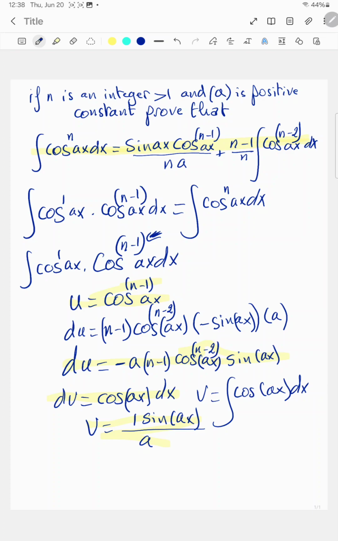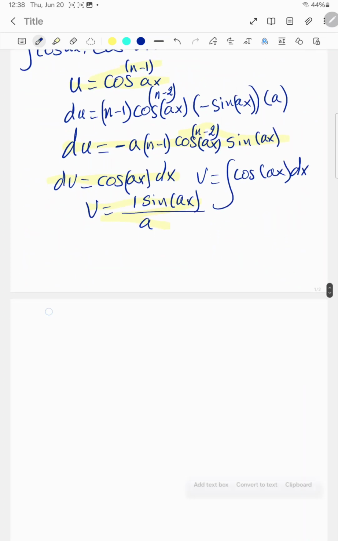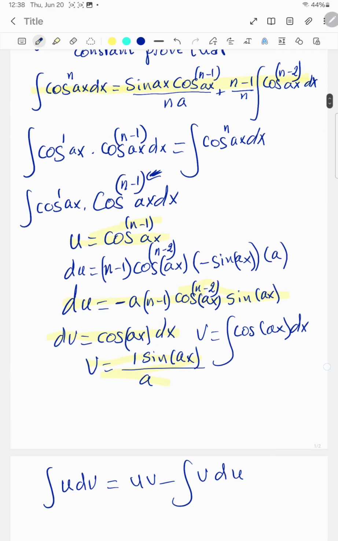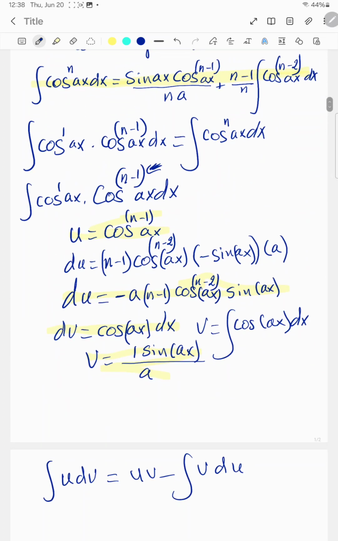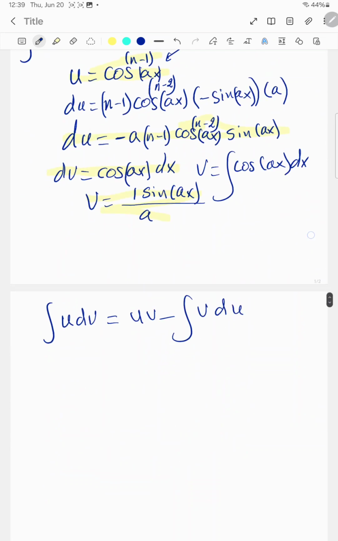So I know the formula of integration by parts: the integral of u dv is equal to uv minus the integral of v du. I have my u equal to cosine n minus 1 ax, and my dv equal to cosine ax dx. So now I can replace it.